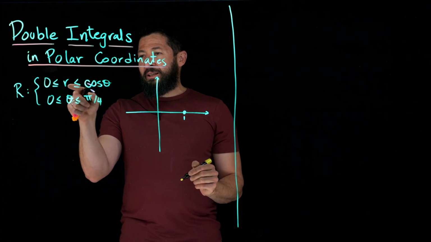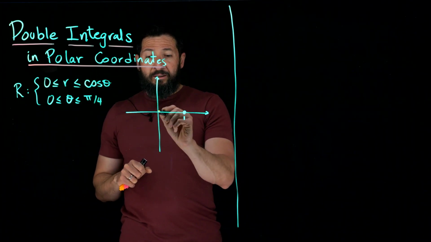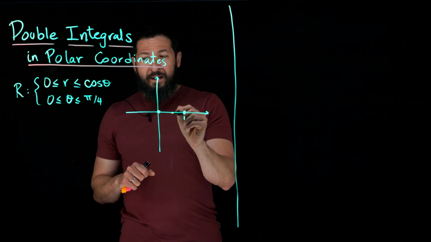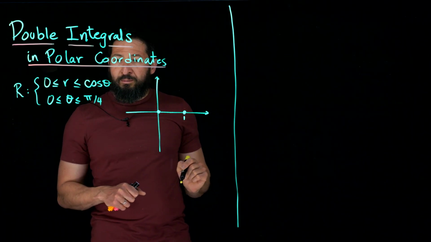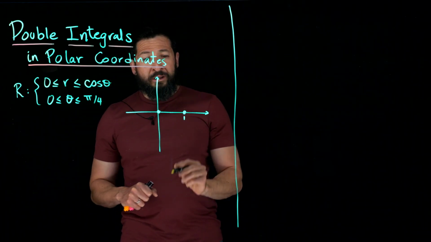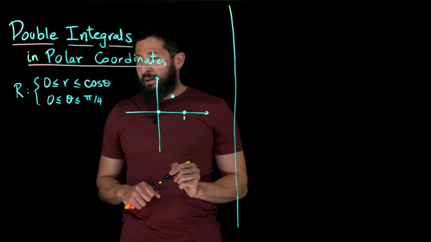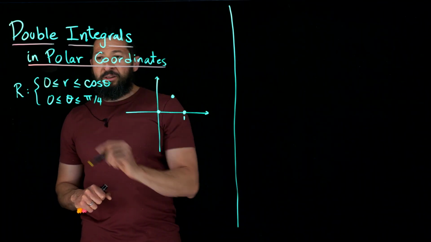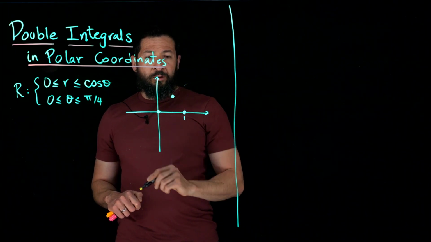When the angle is pi over 2, the cosine is 0, so you're already here. I should have said when the angle is pi over 4, which is one that we need, your radius is going to be the square root of 2 over 2.